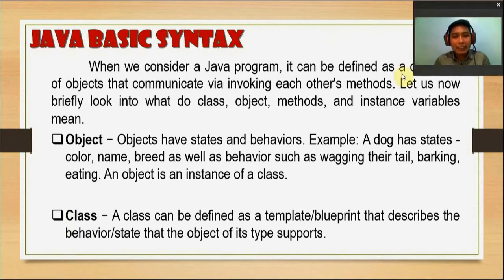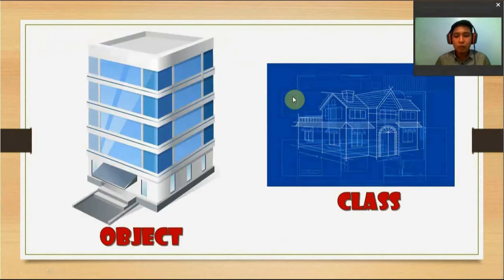While a class can be defined as a template or blueprint of the program that describes the behavior and the state of the object and its support. Example, we have a building. A building is an object and a class is the blueprint or template of that building.